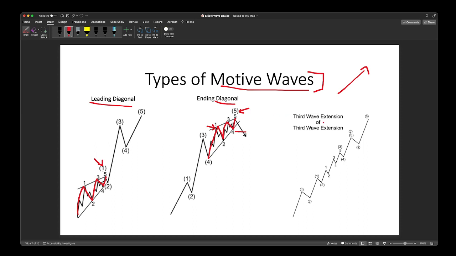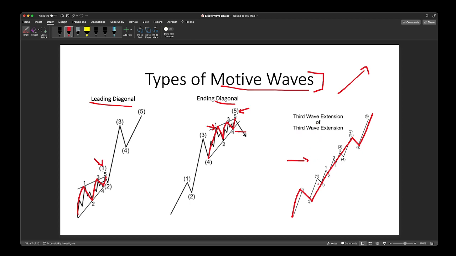Let's look at the extension. Extensions are where you clearly see a super aggressive, impulsive move to the upside. You still have your original 1, 2, 3, 4, 5, but in this case, we have an example of a third wave extension of a third wave.